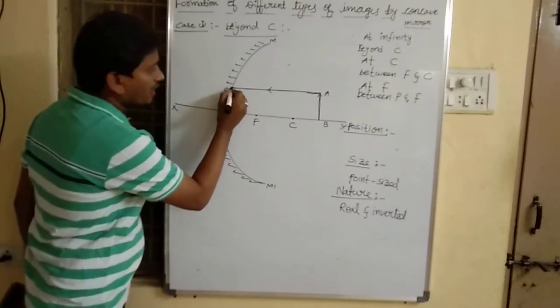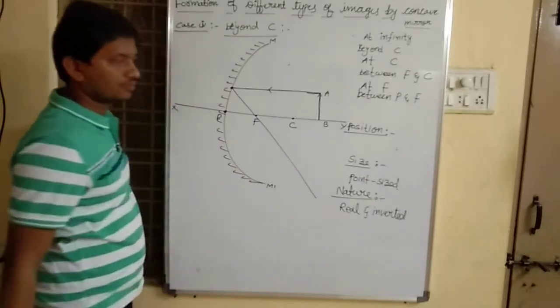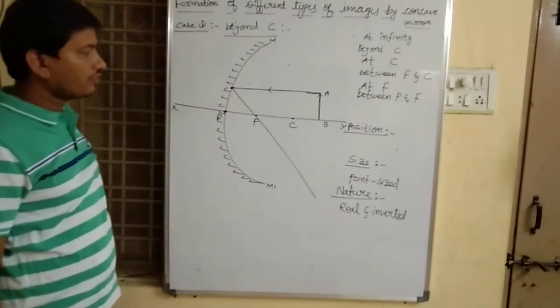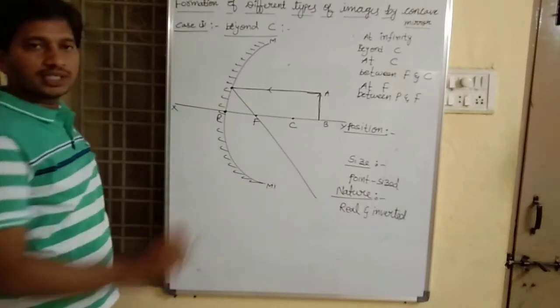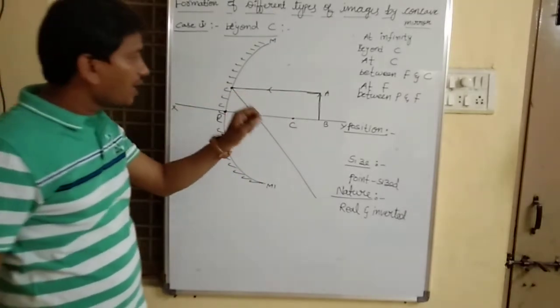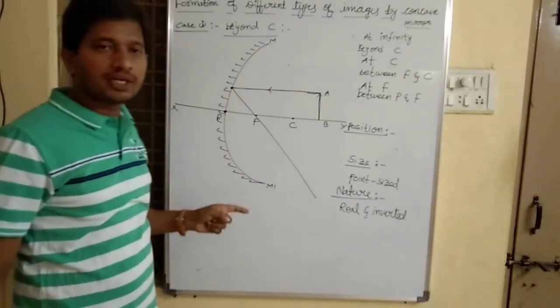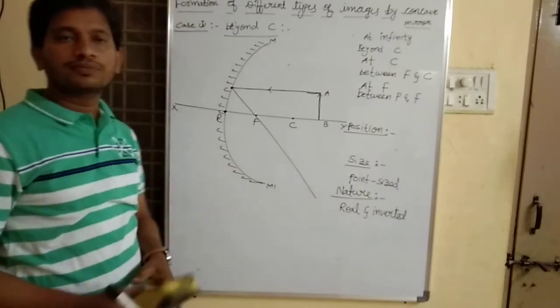After striking the mirror at this point, it has to reflect back through the focus. According to rule 1, when a ray of light is parallel to the principal axis of a concave mirror, after reflection, it must pass through the focus.